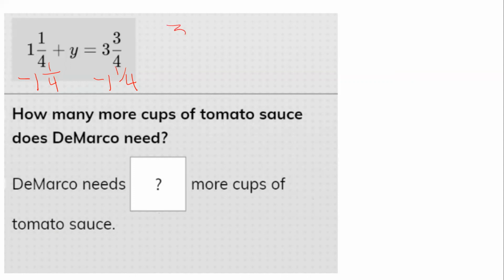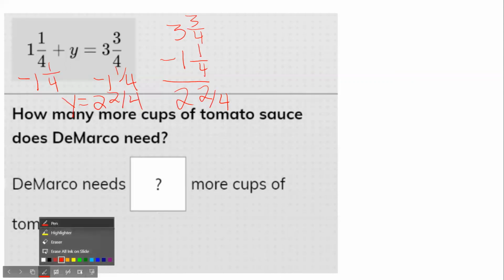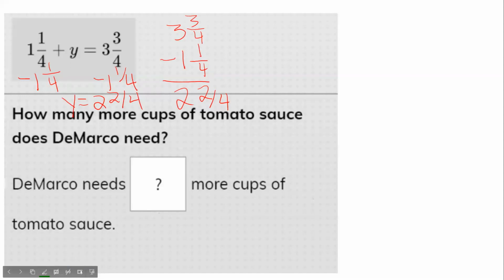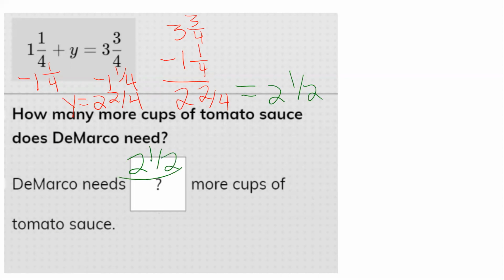So if I have 3 3/4 and I subtract 1 1/4, well, 3/4 minus 1/4 is 2/4, okay? And 3 minus 1 is 2, all right? So Y should be equal to 2 2/4. Okay, I want to let you know right away that that is equivalent, and we could simplify it to 2 1/2.